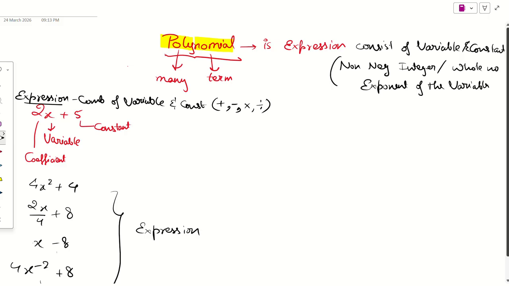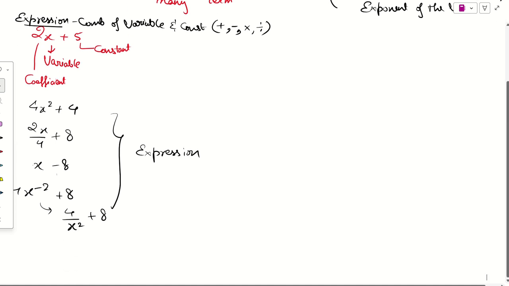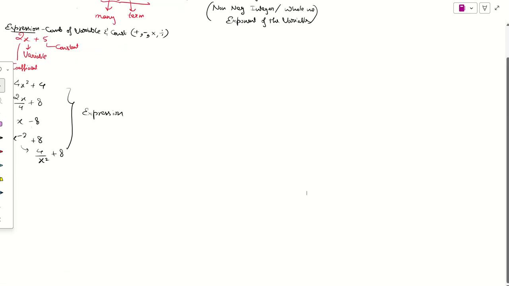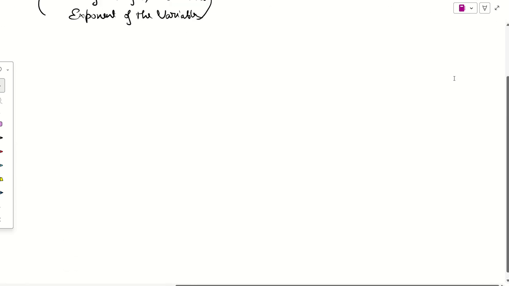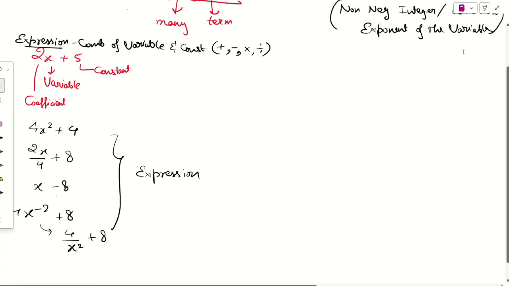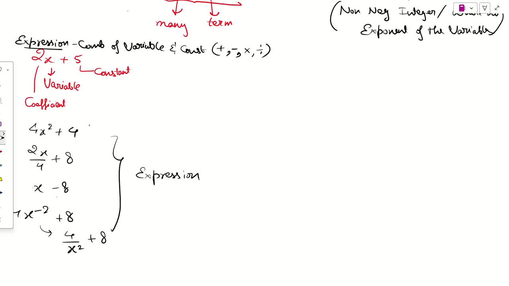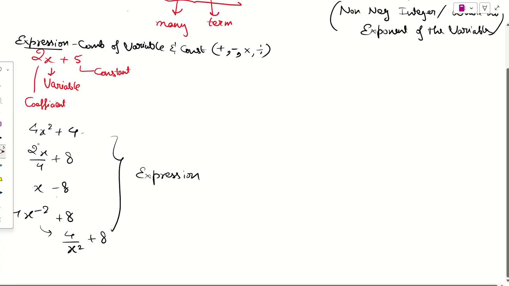There is one thing that a polynomial's exponent should be whole numbers and non-negative integers, right? So, can you tell me, is it a polynomial or not? Yes, because here exponent is 2 and 2 is a whole number.